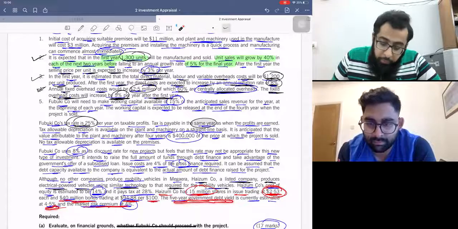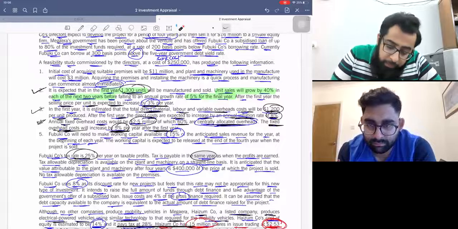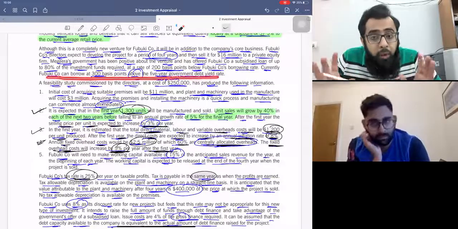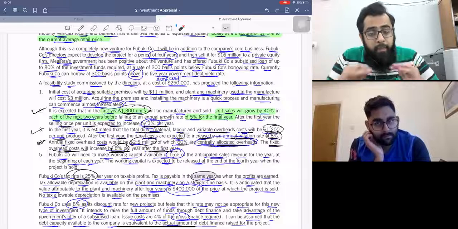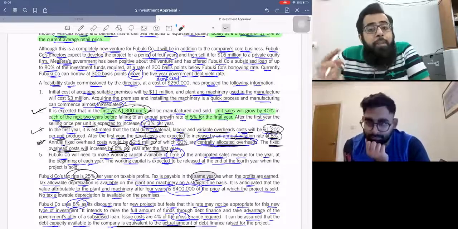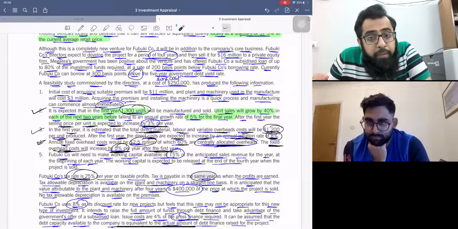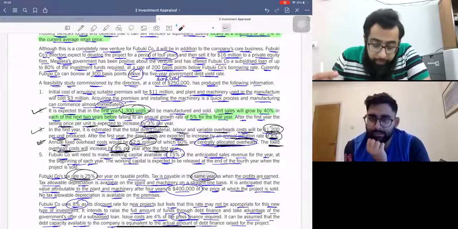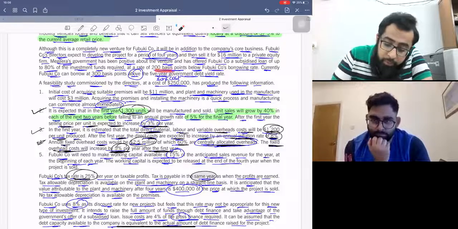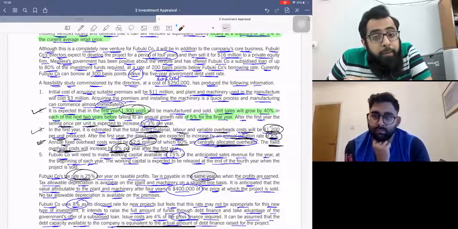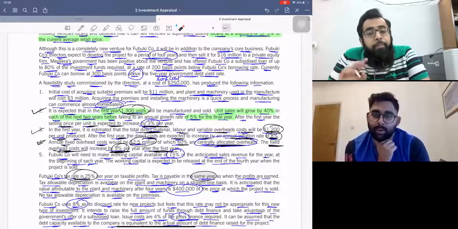So Puviki normally borrows at 300 basis points above, that is 3% added. 4.5 plus 3 will be 7.5%. And the government will give us 200 basis points below that, so 5.5%.